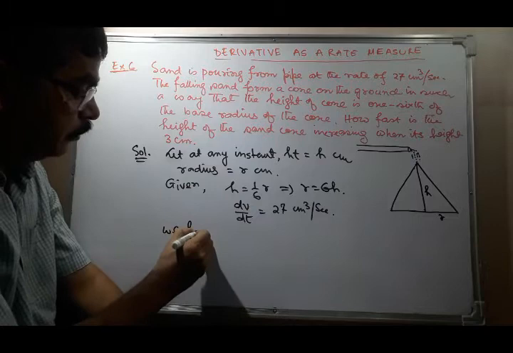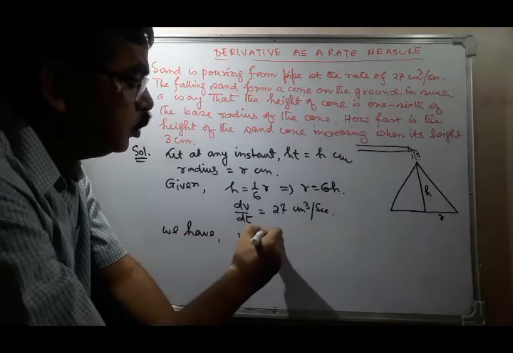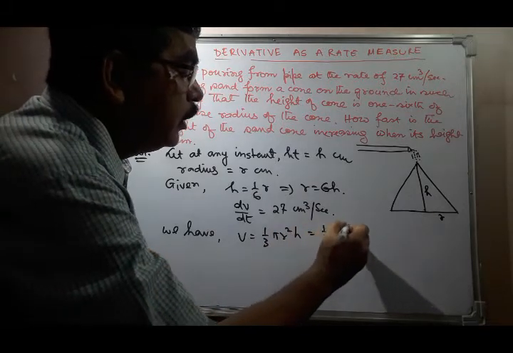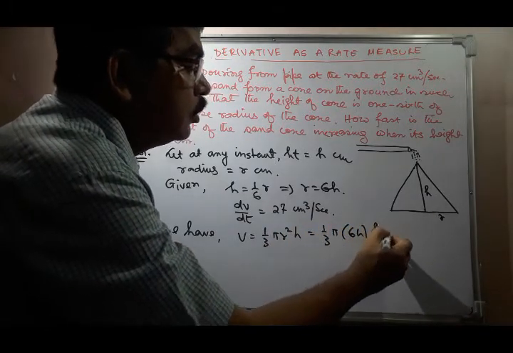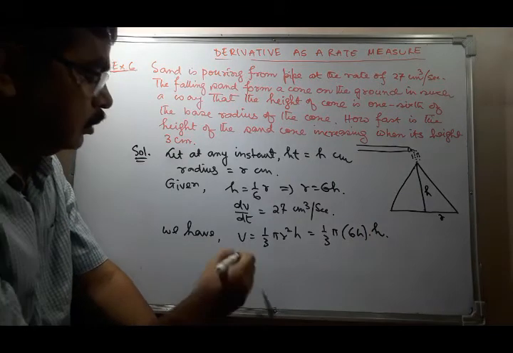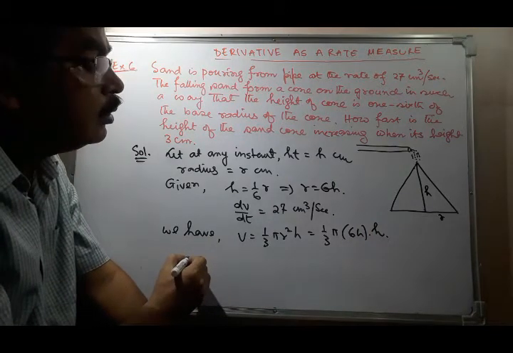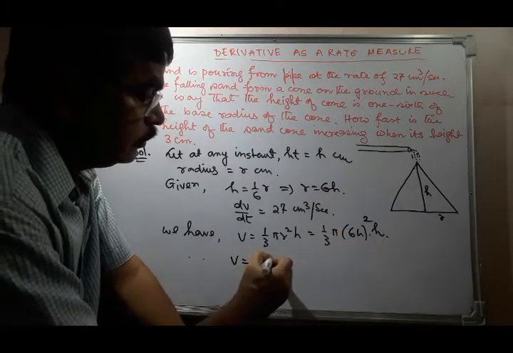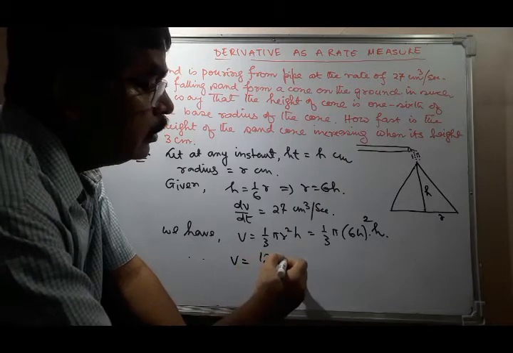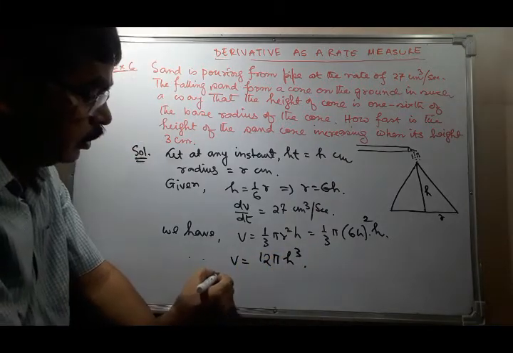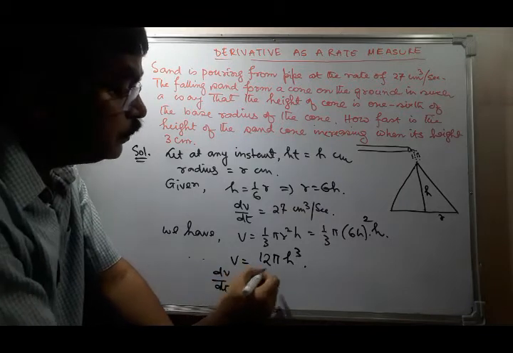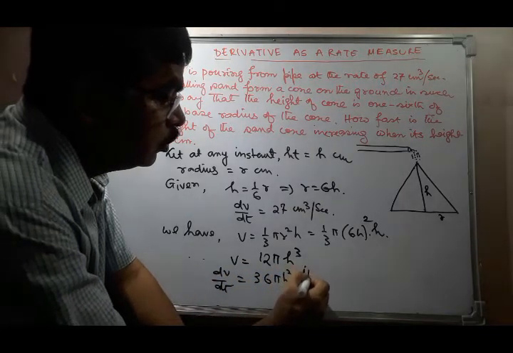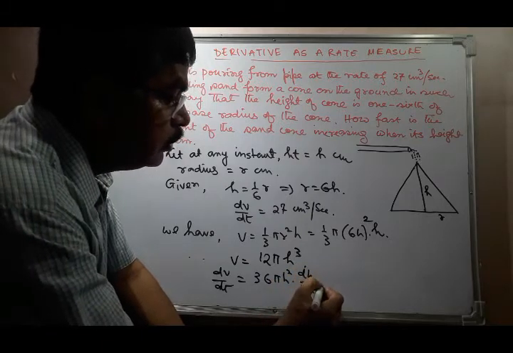We have V equal to 1/3 pi r square h, 1/3 pi 6h square into h. That is, it is coming V equal to 12 pi h cube. Therefore dV by dt equal to 36 pi h square into dh by dt.